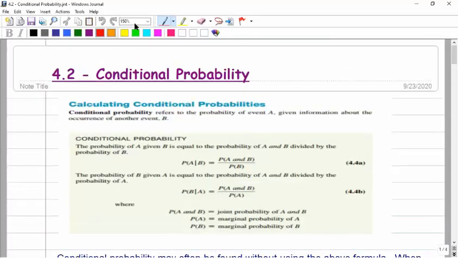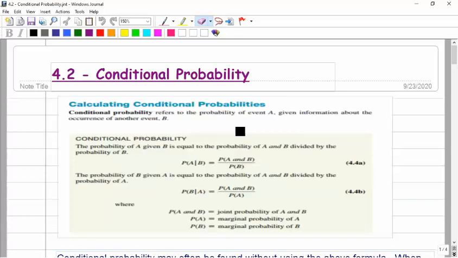One common example is drawing a card out of a deck. If you take a card out of the deck, and then you draw another card, what's the probability that I draw a diamond?